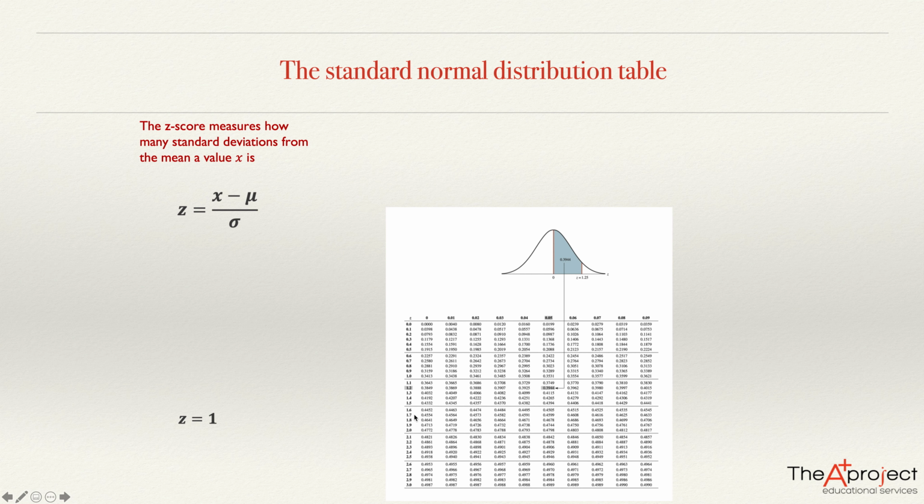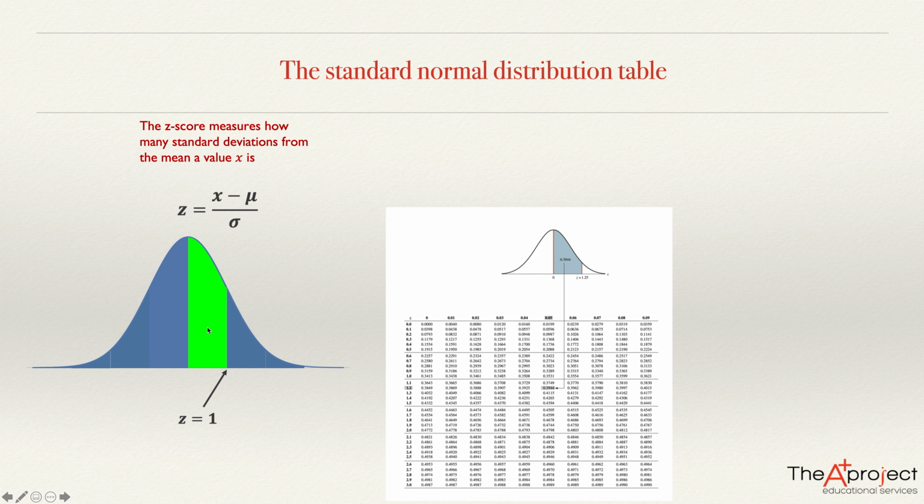It is given in the table. This value is one standard deviation from the mean. The mean is here, and one standard deviation from the mean has a z-score of 1. So we know this area.